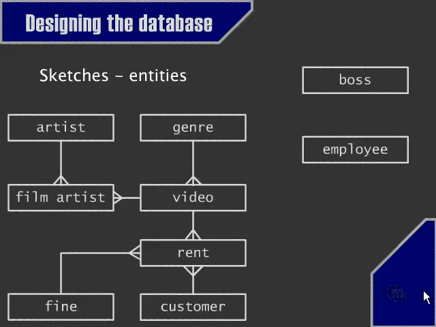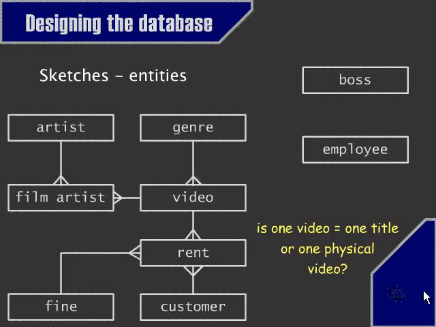A better one, we would also include the fine within the rent if that rent happened to go overdue. A better relationship or structure for this video issue would be to separate the video from the titles. At the moment, we have a relatively ambiguous entity here, the video.